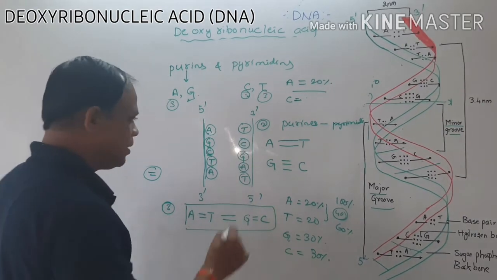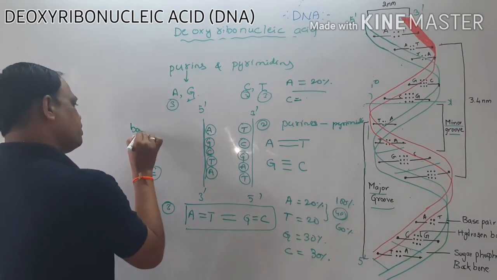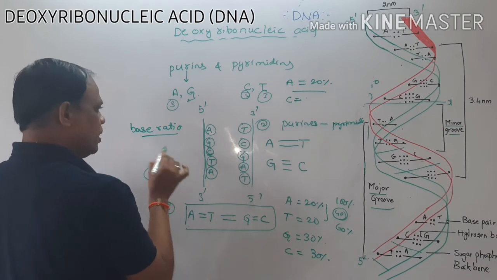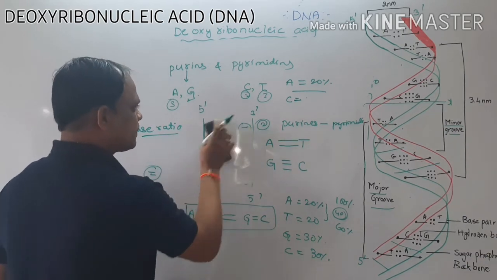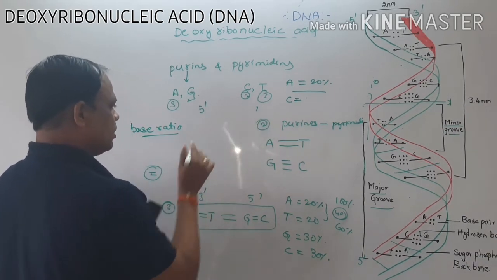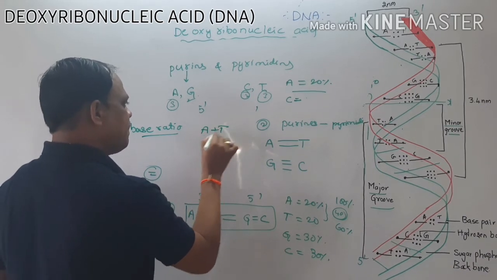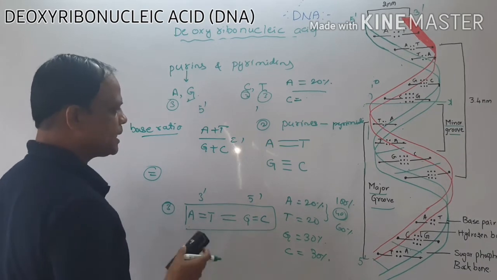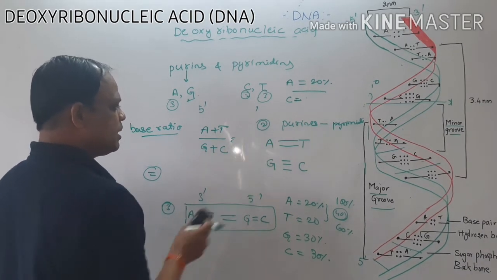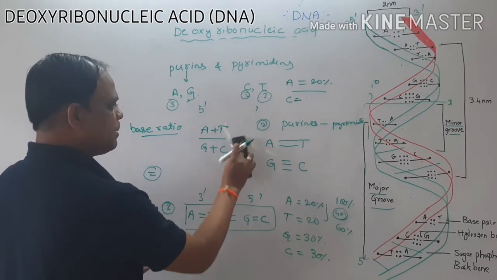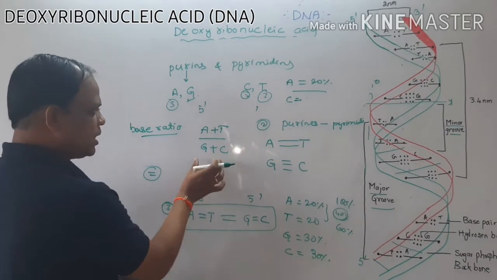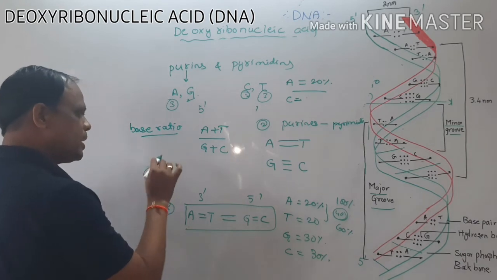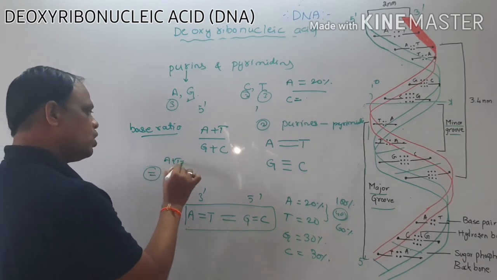And one more is the base ratio. How do they calculate the base ratio? A plus T by G plus C. This is the base ratio, and this is also called Chargaff's rule. And also here, A plus T by G plus C is equal to 1.